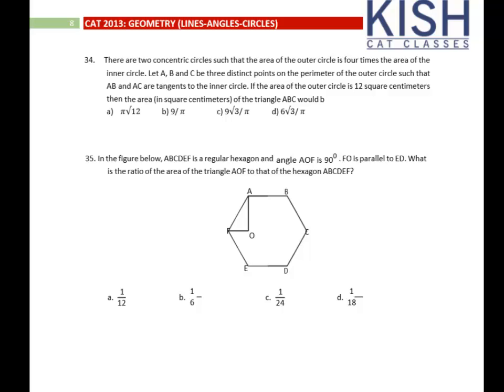Next, 35. Question number 35. Before this one, I'll teach you how to divide quadrilaterals and all, or how to divide hexagons.